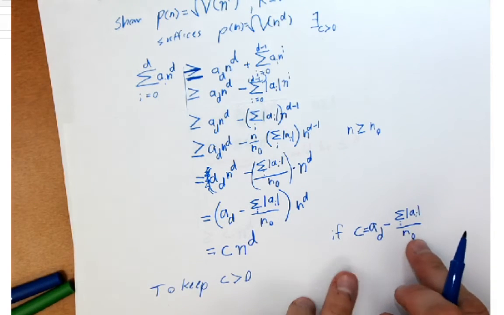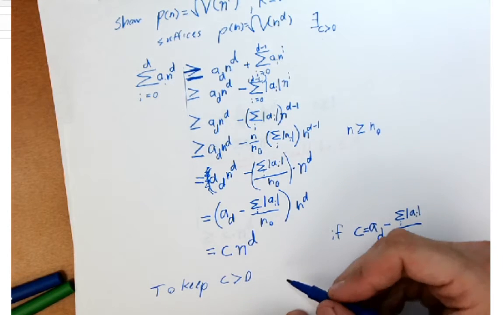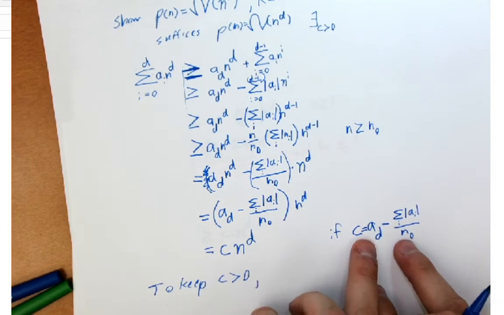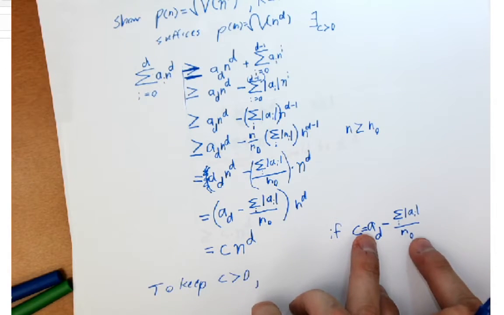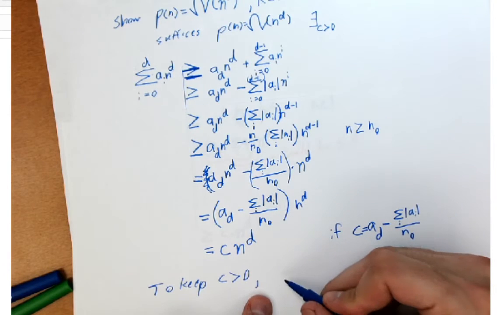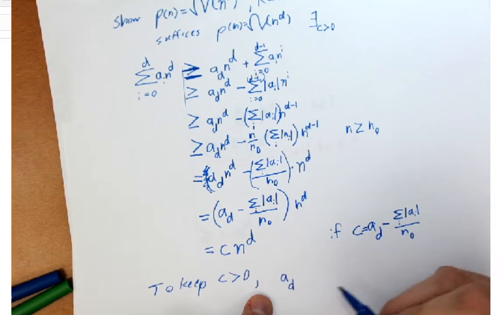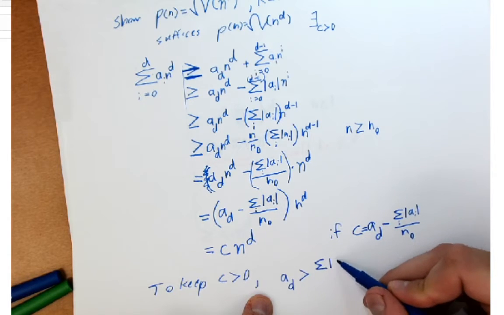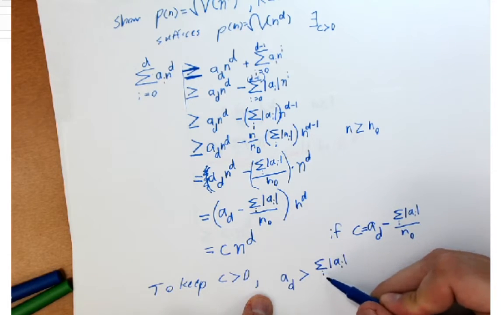So we want to say that we need a sub d to keep c positive. That means that a sub d is bigger than this. So we need a sub d must be bigger than the sum of the a sub i's divided by n naught.